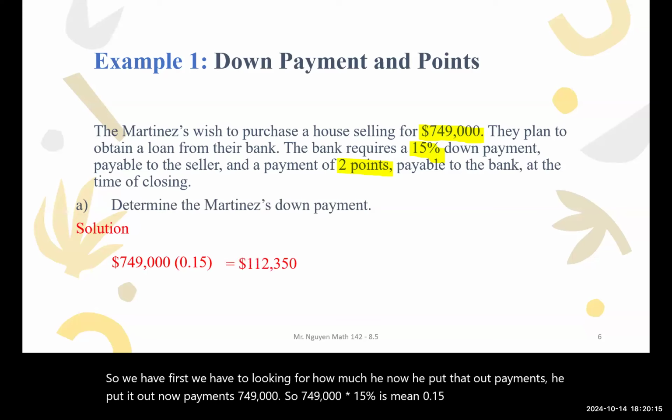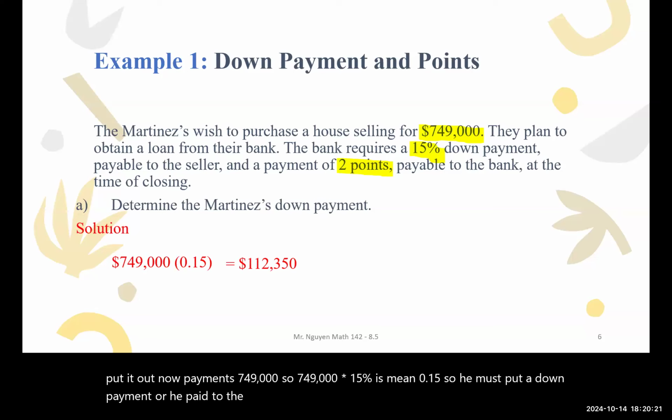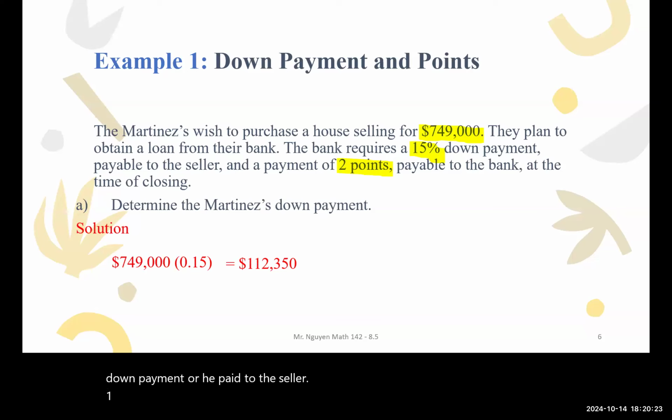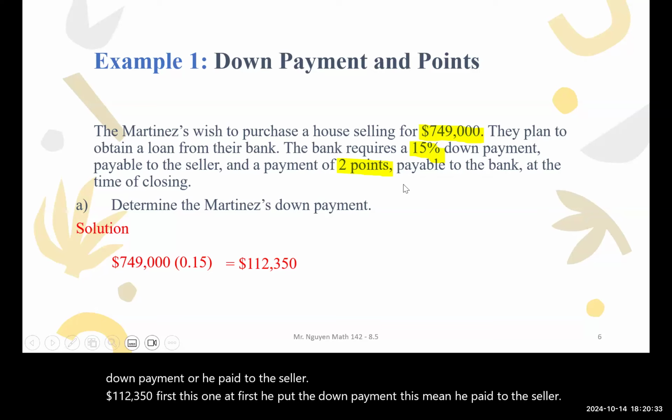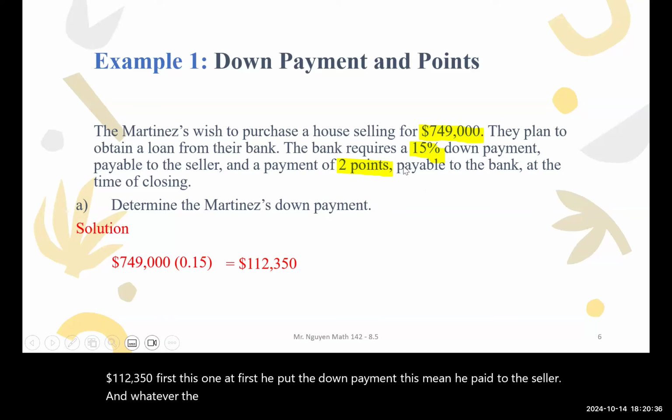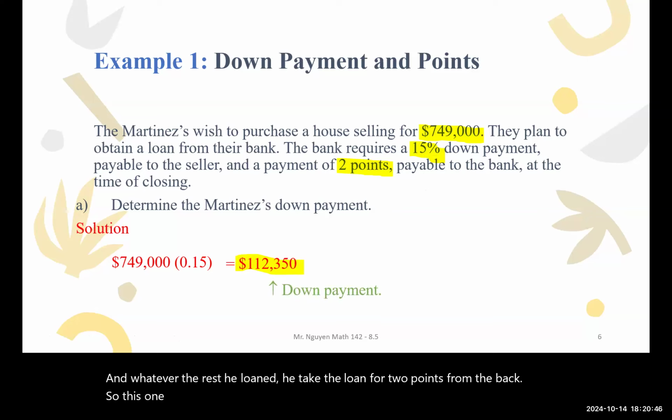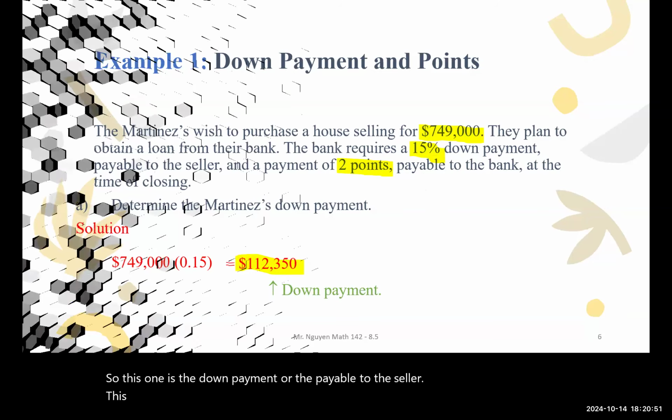So he must put a down payment, or pay to the seller, $112,350 first. At first he puts a down payment, which means he pays the seller, and whatever the rest, he takes the loan with 2 points from the bank. So this one is the down payment, or the payable to the seller. This one is the down payment always.